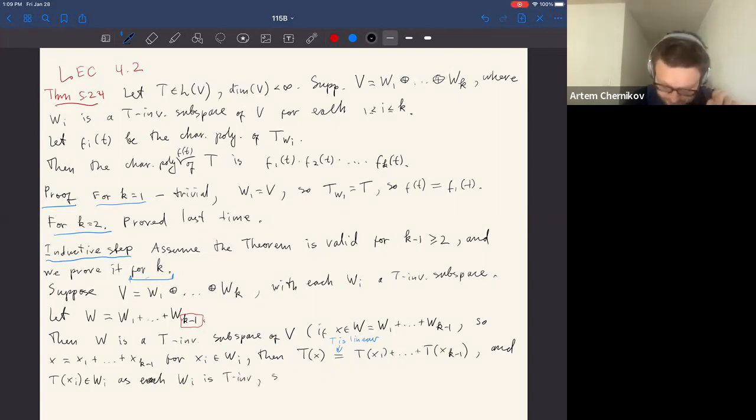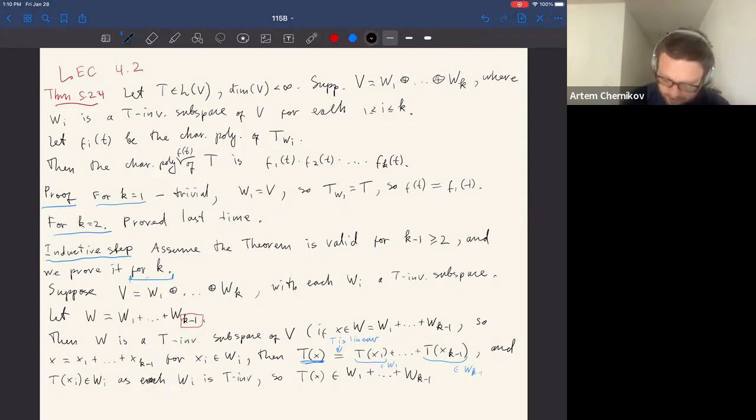So we have that T of X still belongs to the sum of these subspaces, W1 plus through Wk minus 1, right? Because, by the previous line, T of X is written as the sum of vectors T of X1 through T of Xk minus 1, for which we know that this belongs to W1, and this belongs to Wk minus 1.